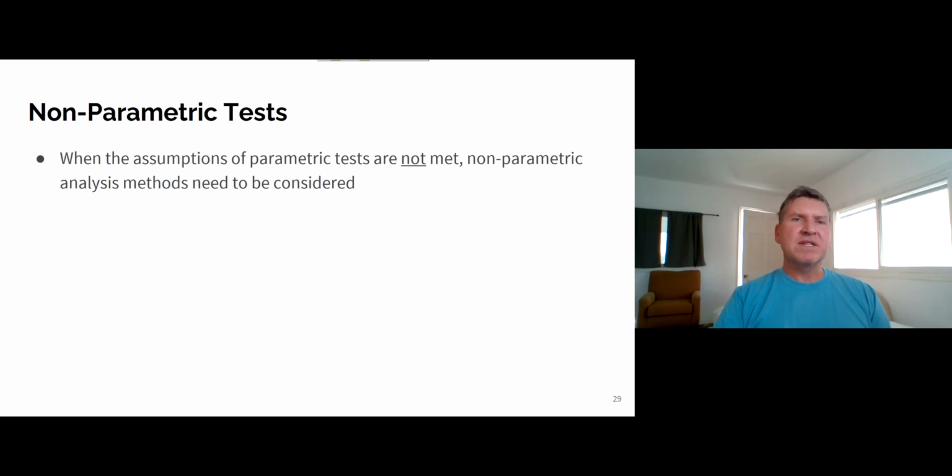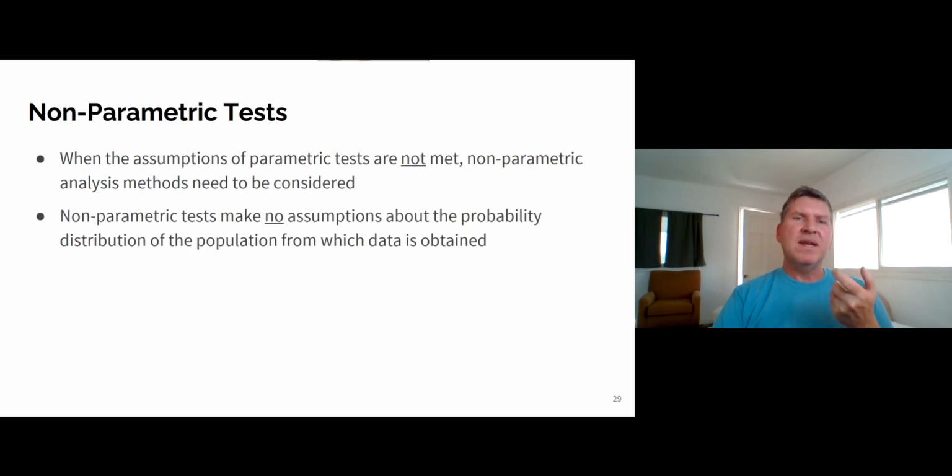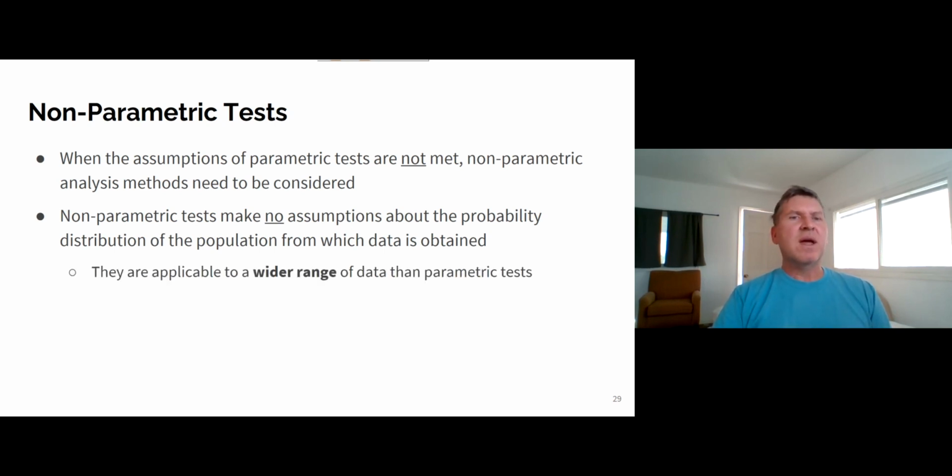What non-parametric tests do is, when we can't meet those assumptions we talked about, we need to consider non-parametric tests. We make no assumptions about the probability distribution, so they're applicable to a wider range of data than parametric tests.